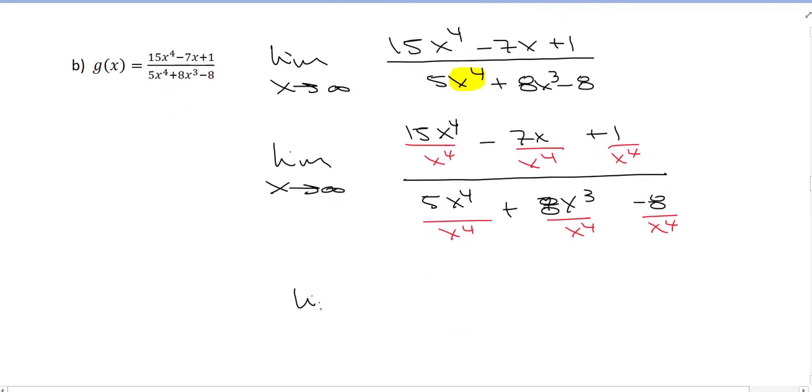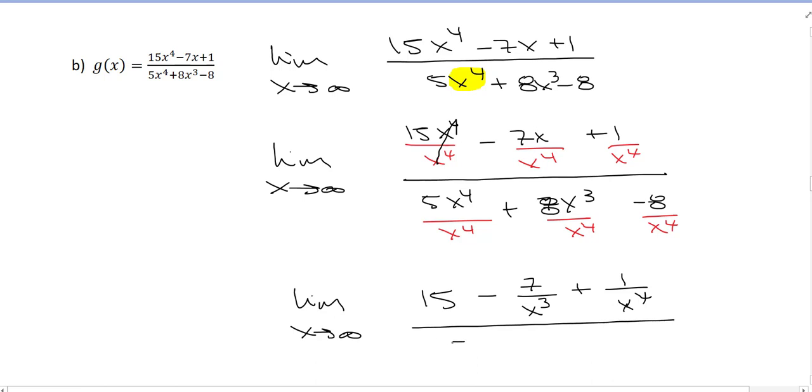So simplify this, limit as x goes to infinity, x to the 4th over x to the 4th, that's just 1, so I get 15 minus 7x over x to the 4th is 7 over x cubed. Use your rules of exponents there. You divide the same base, you subtract exponents, all over 5 plus 8 over x minus 8 over x to the 3rd.